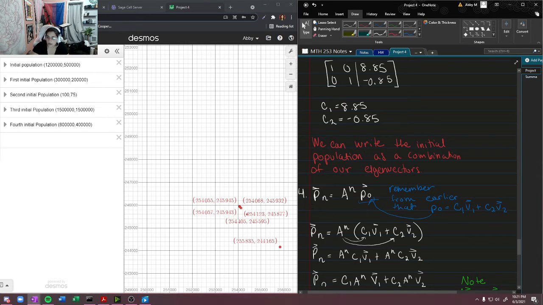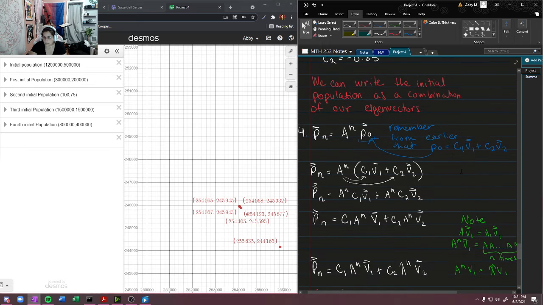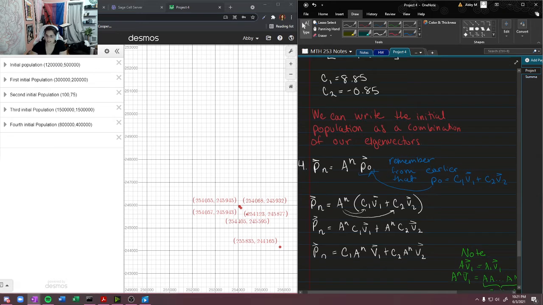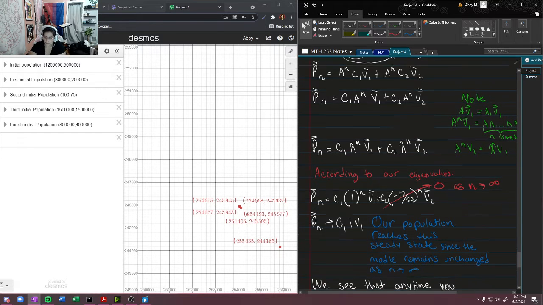So going back to our original equation that we came up with right here in the first part of the problem, we can make a substitution based on the previous step we had done. So we substitute this in here. We go through, we realize that A to the n times our eigenvector is the same thing as our eigenvalue to the n times our eigenvector. So we make that substitution for A.